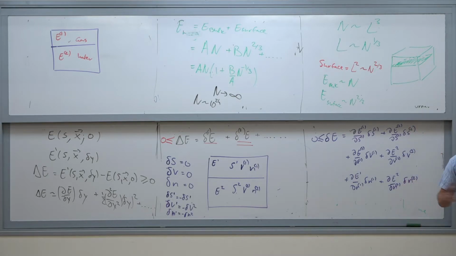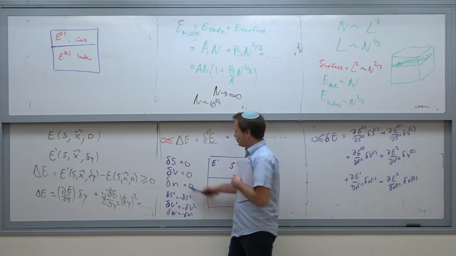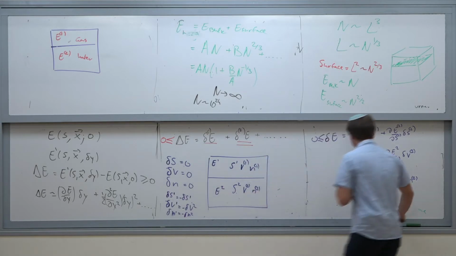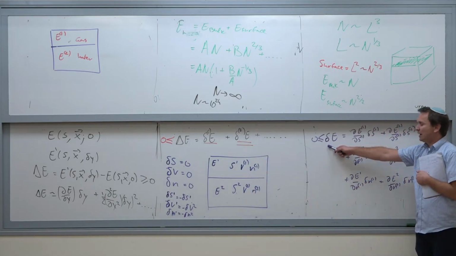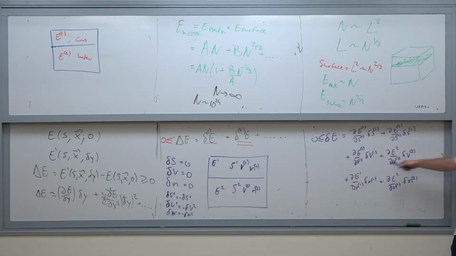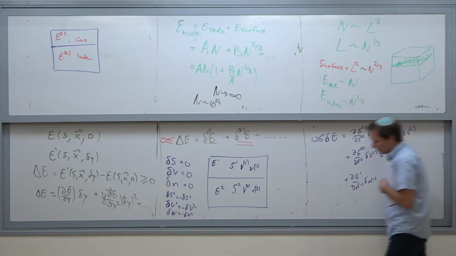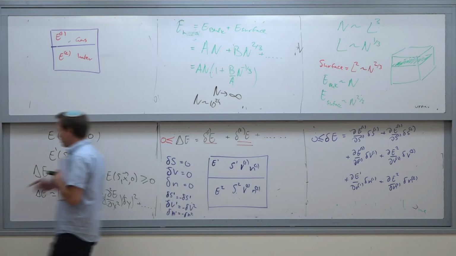Right? Those are my variables. The constraint changes them somehow. I don't really know how. I know that those changes are somehow related. And I write the first derivative as simply the expansion due to this in the Taylor form. Up to what term? Up to a linear term.